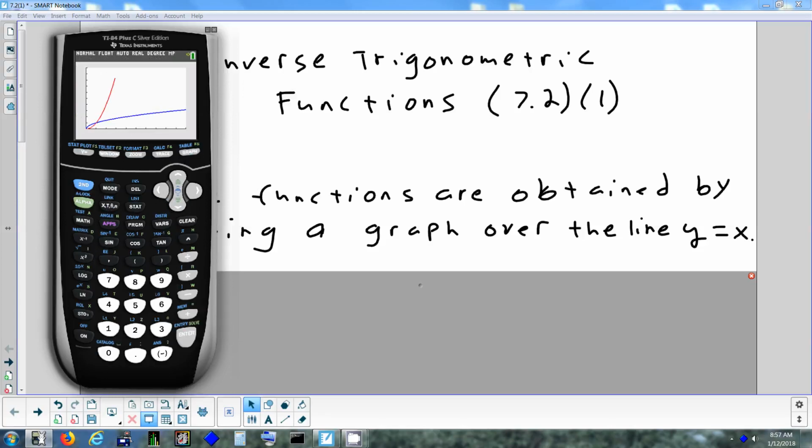I need to draw the line y equals x right now. So let me put y equals x, and I'm going to put that as a thin line because I don't want it to be really a big part of the picture. I just want you to see it as a line of reflection.